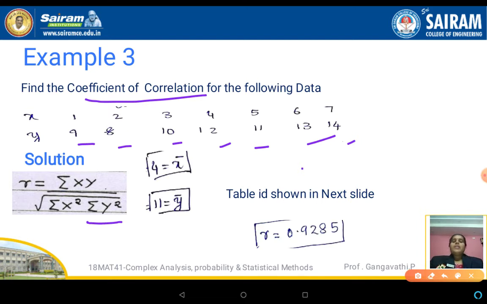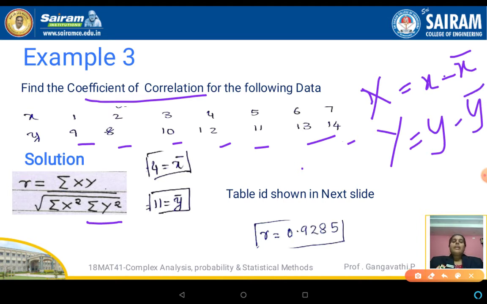So the given data are the values of small x and small y, and the formula has capital letter X and capital letter Y. So we need to convert small x, small y to capital X and capital Y. In order to do that, we know capital X is equal to x minus x bar, and capital Y is y minus y bar.